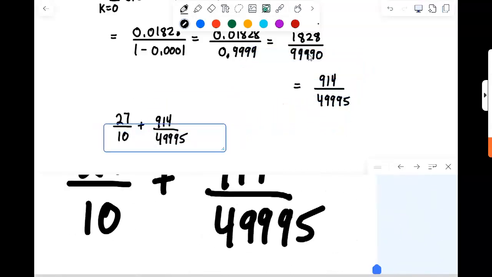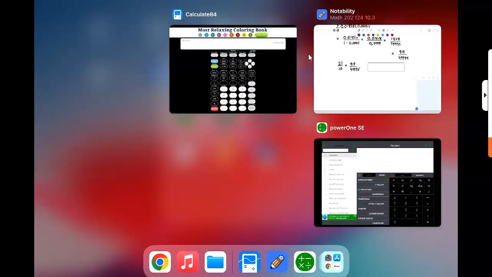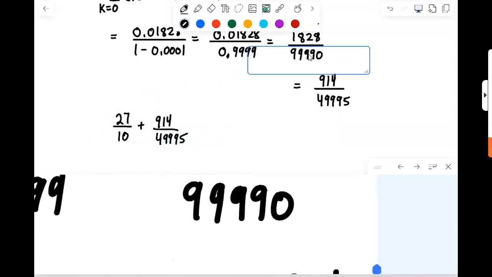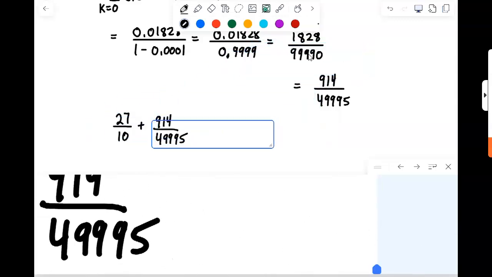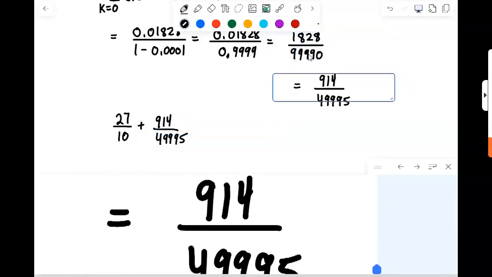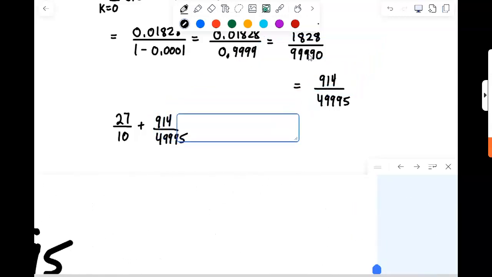If I work this out, the 10 will have to get multiplied by 9999 to get the 99990, and then the 49995 will have to get multiplied by 2. So I actually shouldn't have simplified it. I should have just left it. But that's all right. We live and learn.